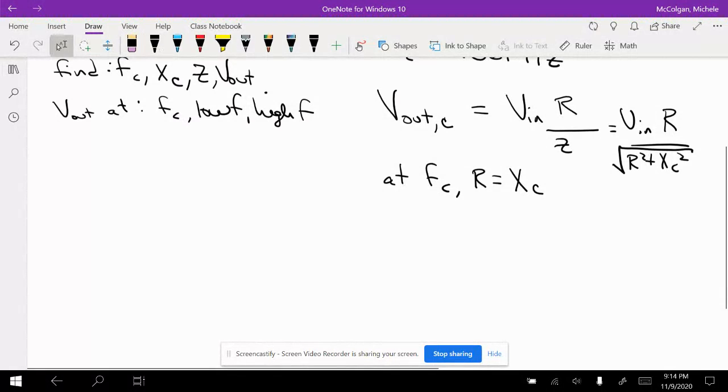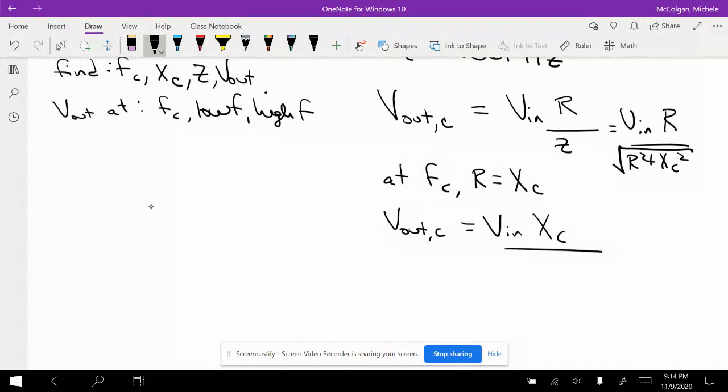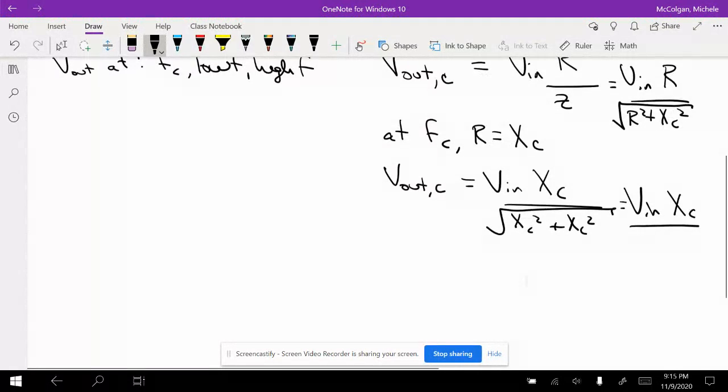So V out at cutoff is V in times XC over the square root of XC squared plus XC squared, which is V in times XC over XC, factoring XC out of both terms on the bottom, and then this is just going to be the square root of 2.